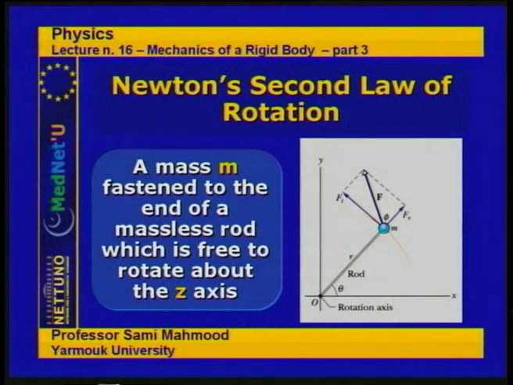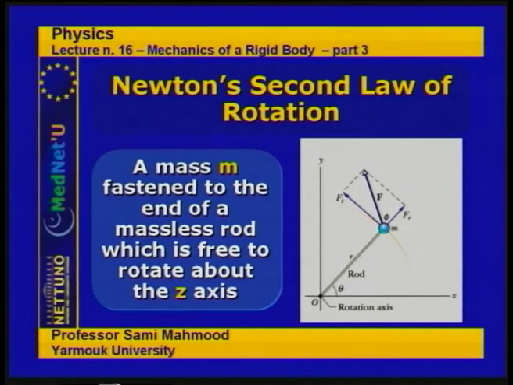That does not do anything, because the object is rigid, does not move away. The length of the rod does not increase. And the other component is perpendicular to this one, which is F sub t, which is tangential to the trajectory taken by the object as it is rotating. So F sub t is equal to F magnitude times sine the angle phi.